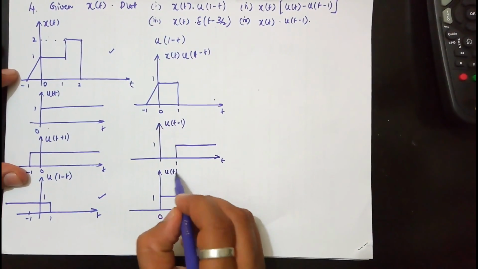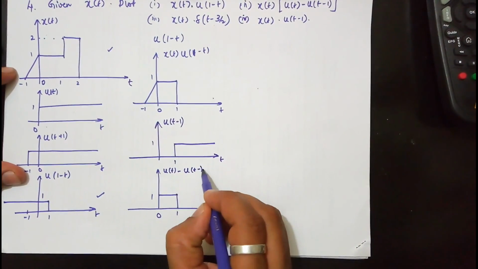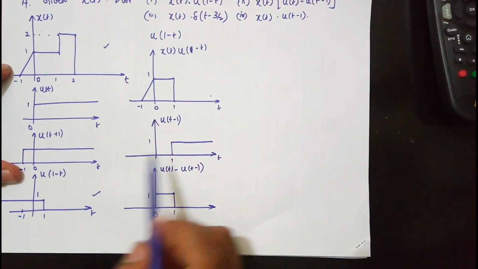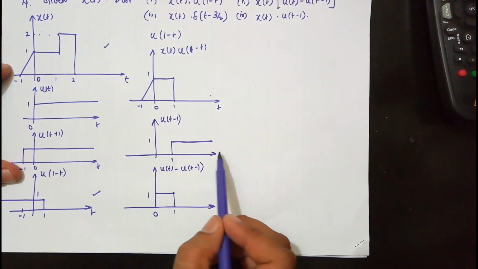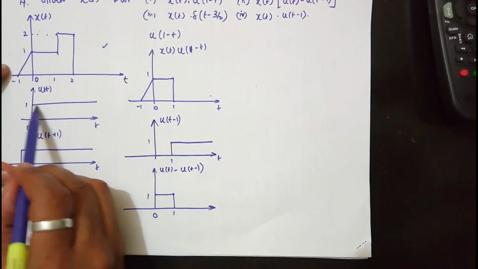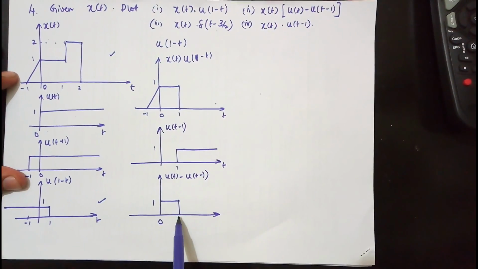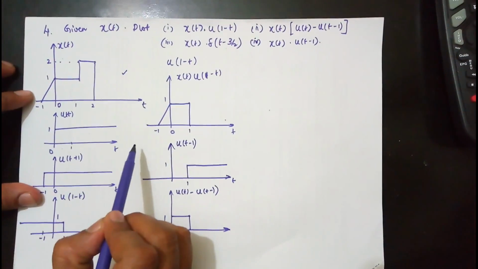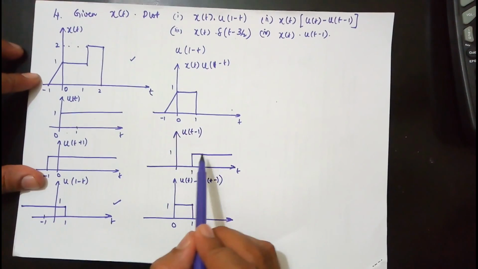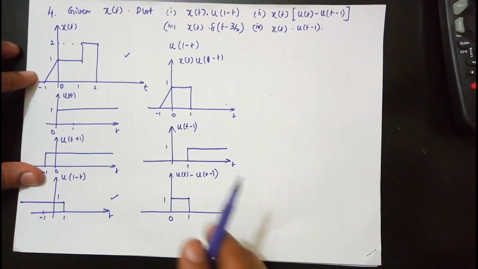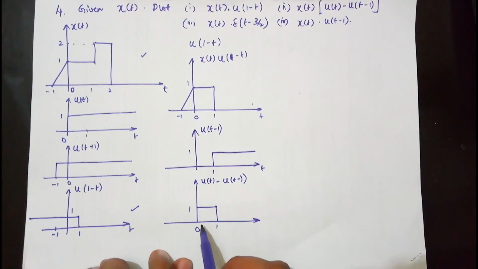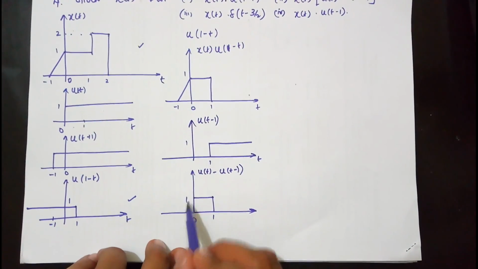This is u of t minus u of t minus 1, because u of t extends from 0 to infinity, u of t minus 1 extends from 1 to infinity, and if you subtract you get 1 minus 0, that is the waveform present here. But for all other values of t, the amplitude here is 1, here also it is 1, so 1 minus 1 will be 0. So you will get a square wave starting from 0 till 1 with an amplitude of 1.